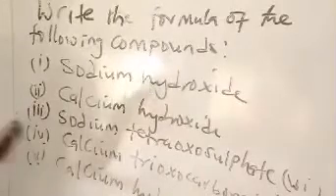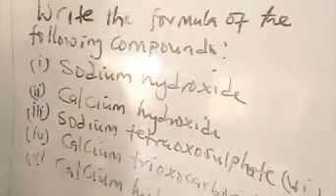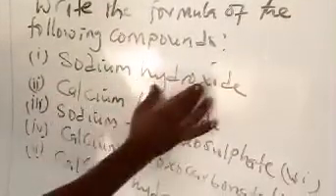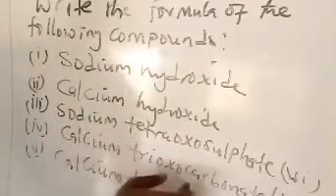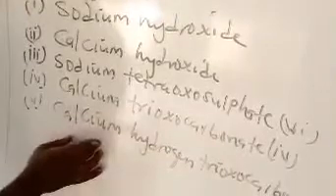These compounds are formed by a combination of one element and a radical. So let us take item 1, which is sodium hydroxide.